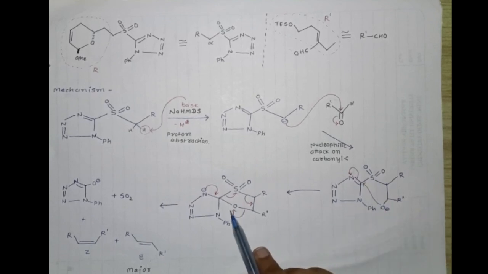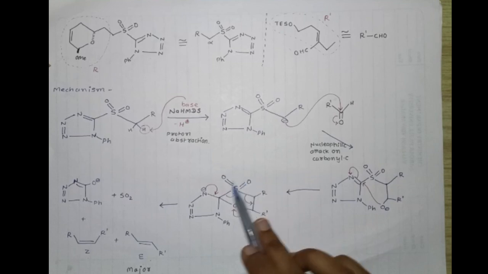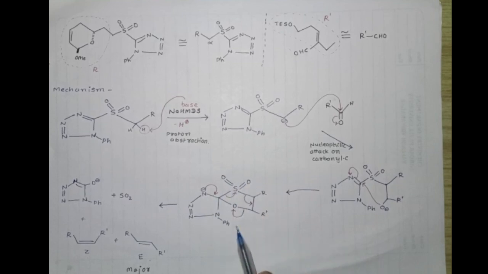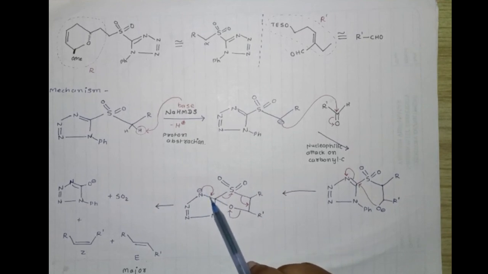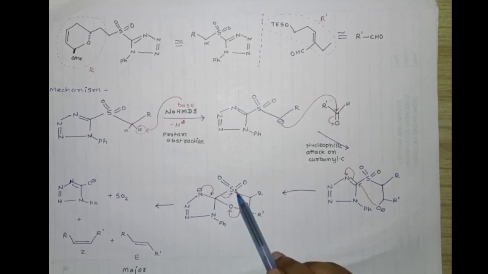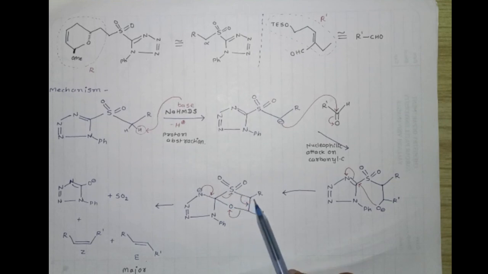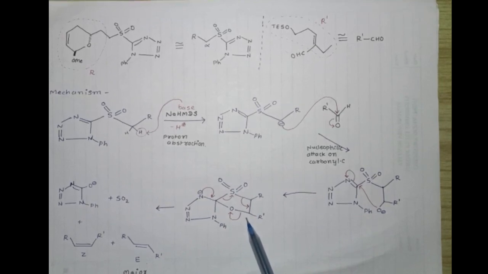So in the next step we are getting this whole ring. Now nitrogen will shift its electron here. This carbon sulfur bond will break here. This sulfur carbon bond is also breaking here. A new carbon carbon bond is formed here, and the carbon oxygen bond will also be broken here.